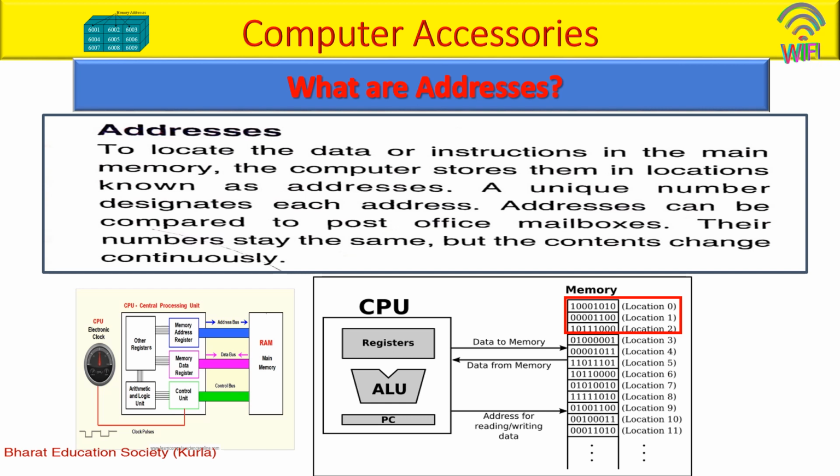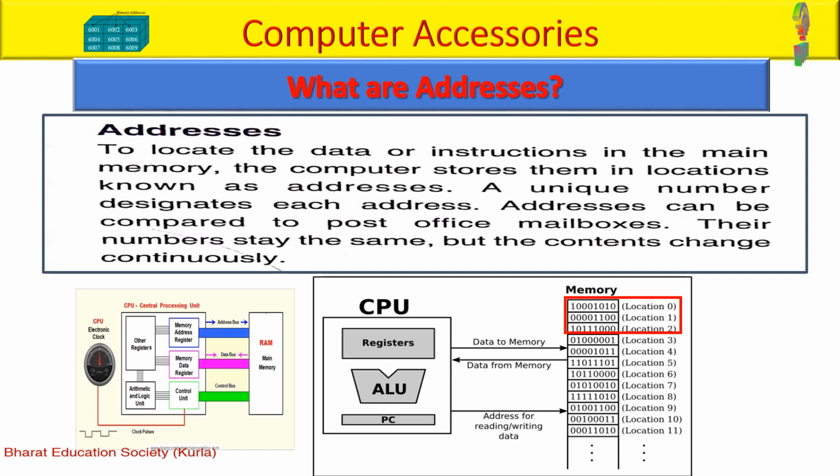Now let us see what are addresses. In computer memory, every memory location has its own address. The address of the first byte is 0, followed by 1, 2, 3, and so on. Memory addresses act just like the indexes of a normal array.